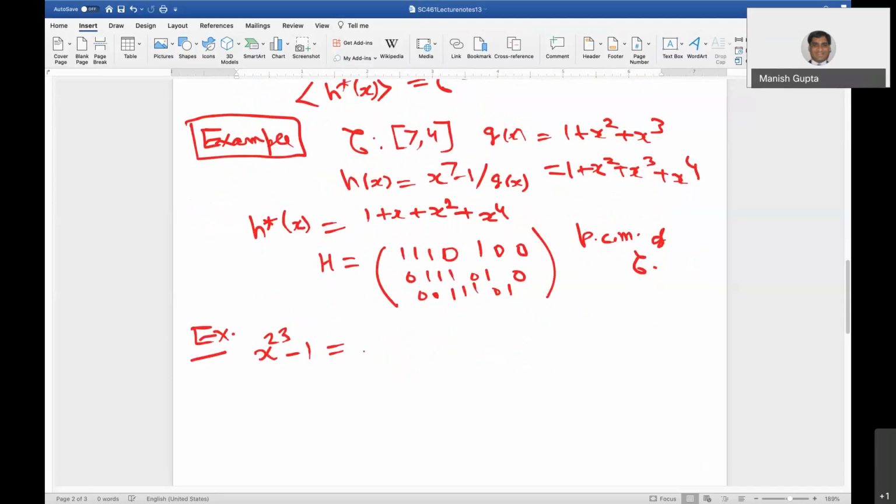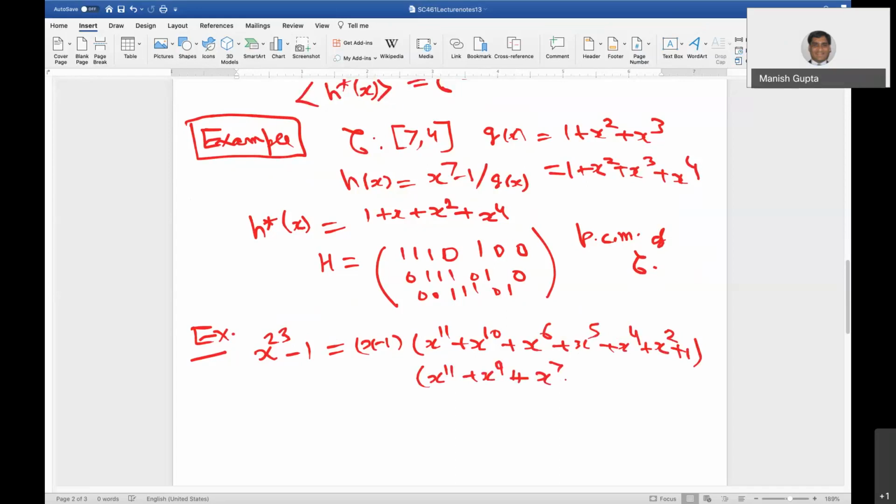We know that x raised to 23 minus 1 can be factored as (x minus 1) times (x raised to power 11 plus x raised to power 10 plus x raised to power 6 plus x raised to power 5 plus x raised to power 4 plus x square plus 1) times (x raised to power 11 plus x raised to power 9 plus x raised to power 7 plus x raised to power 6 plus x raised to power 5 plus x plus 1). So which is nothing but I can call it as (x minus 1) times g1(x) times g2(x). The first polynomial I can call g1(x) and the second g2(x).